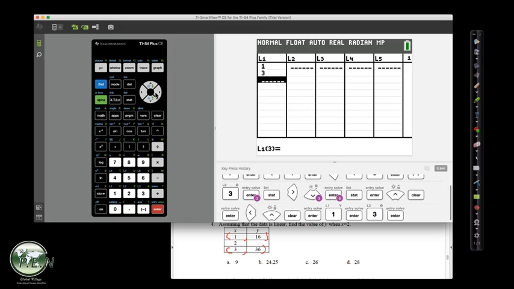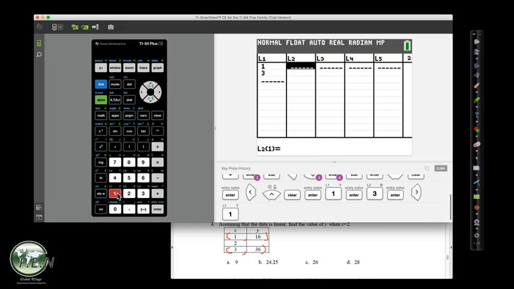Cool part about a video is you can always slow me down or speed me up, whichever you need. Y values, 16, enter, 36, enter. Notice we did not use the 2, the x value of 2, because we do not know what the y value is. Now that we've got this, what we do is we go get the equation that fits the 2 points, because we're told the data is linear.